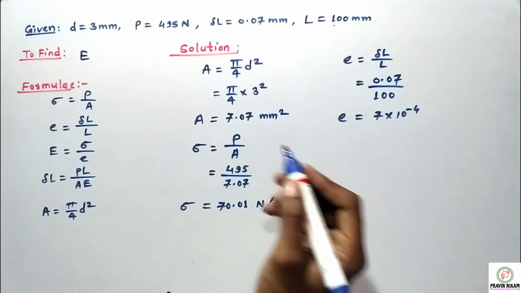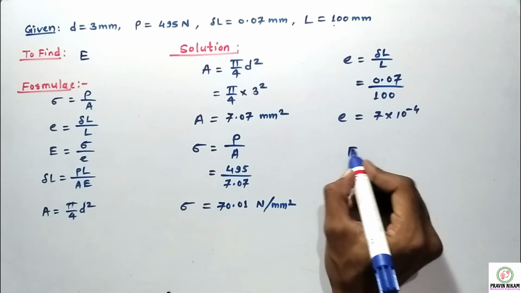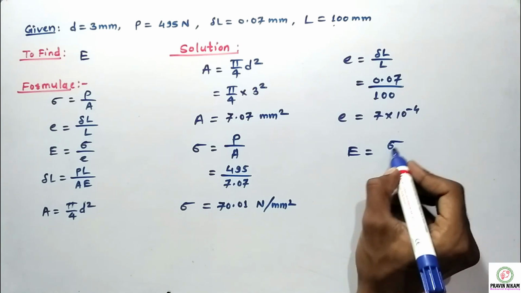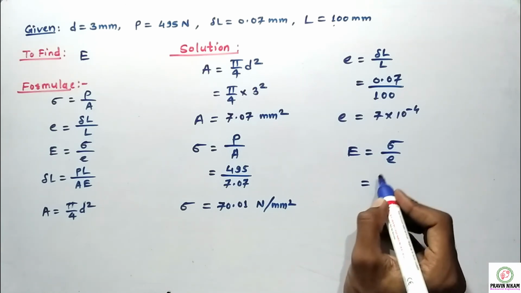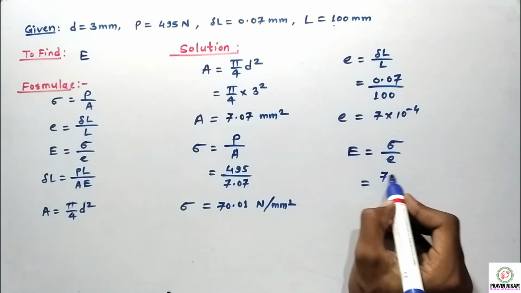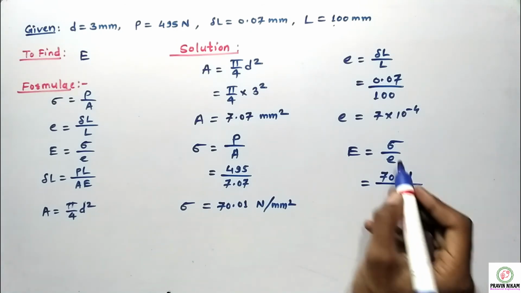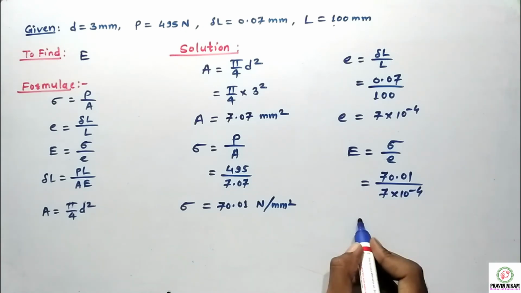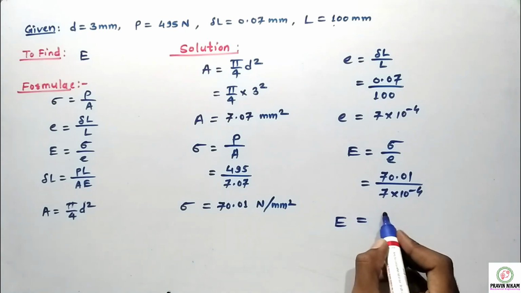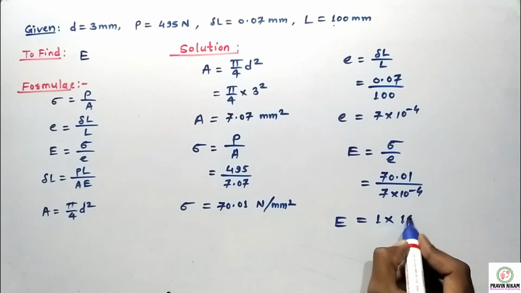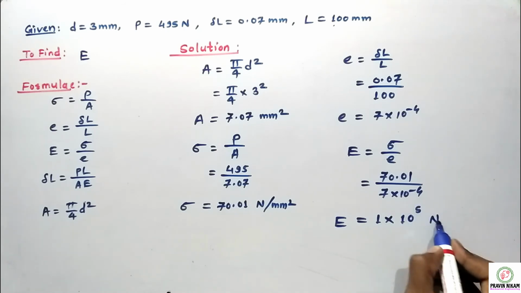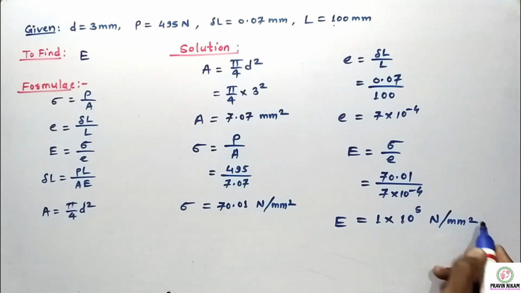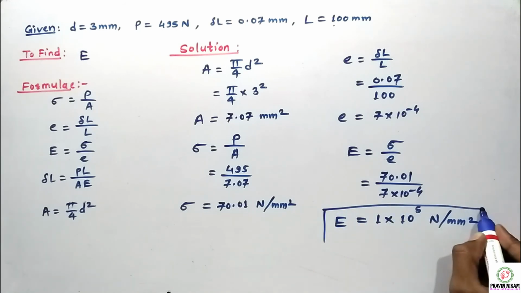Now find out capital E. So capital E is equal to sigma divided by small e. So sigma is 70.01 divided by small e, 7 into 10 raised to minus 4. So capital E becomes 1 into 10 raised to 5 Newton per mm square. This is our final answer.